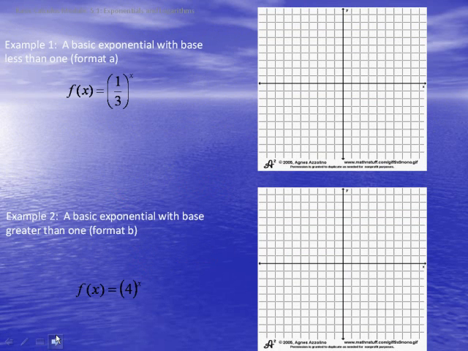The basic exponential with the base less than 1, format A. As long as it has a base of less than 1, then they pretty much fit the same format. Their main point is going to be at 0, 1, and it'll come from here and then head down.